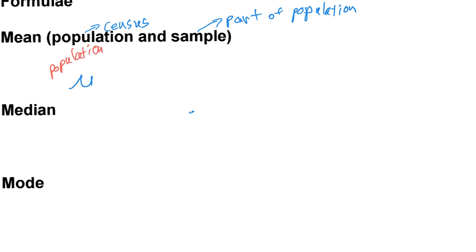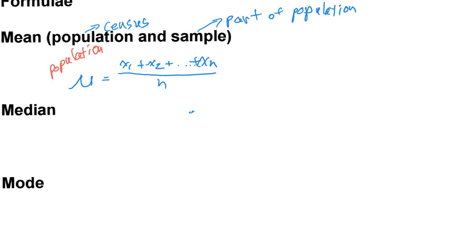So what we're doing is we're adding up all of the people or all of the data from the population. So this is what it would look like. So we'd add up all the people in the population, x1 plus x2 plus, and so on, plus xn at the end, and then divide by the total number of people, okay?